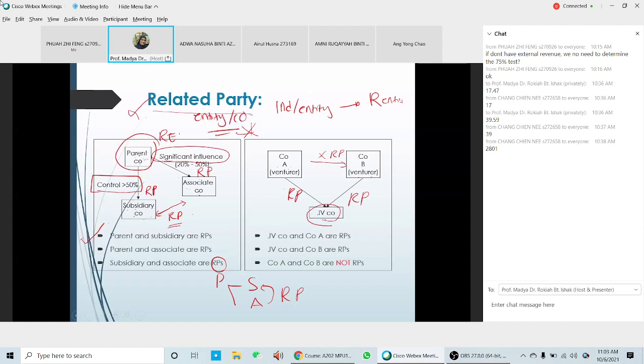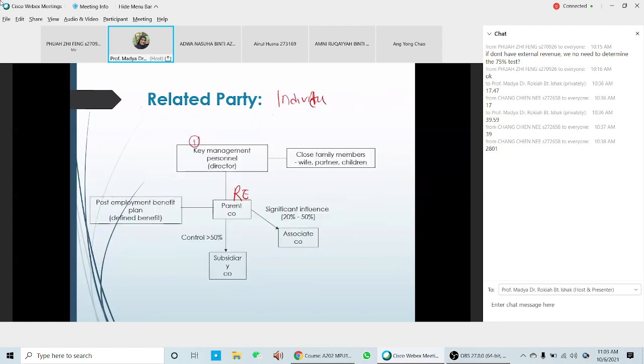So for related parties, we have two: either an entity or a person. Entity in terms of the subsidiary, associate, JV. And in terms of individual, we have key management personnel, post-employment benefit, and then family members. So this one was already explained in the previous slide.